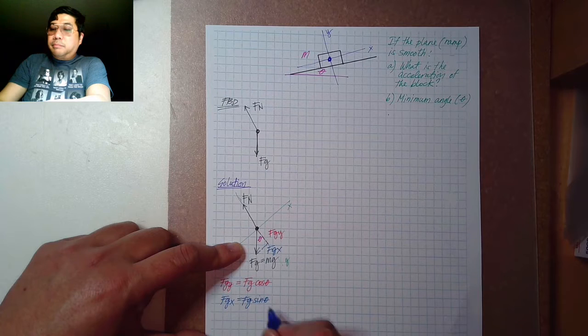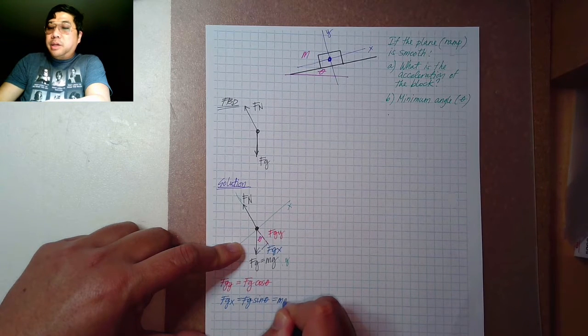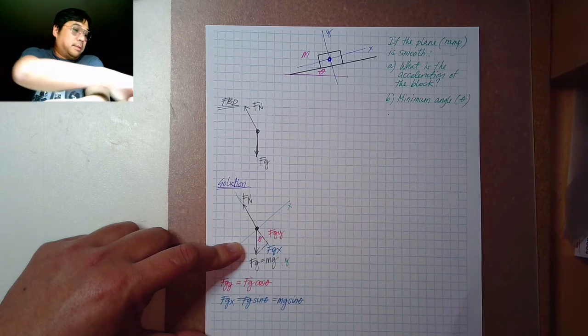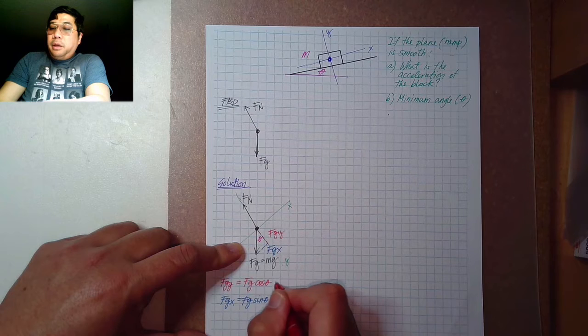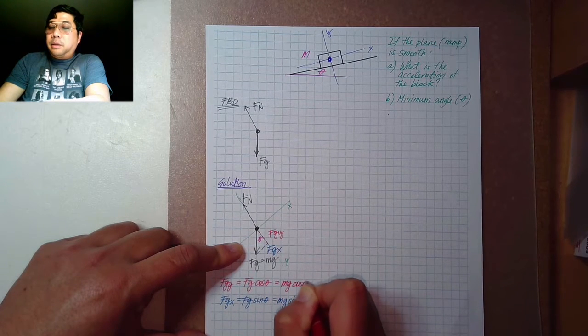Also, since Fg is mg, we can immediately change this to mg sine theta and mg cosine theta.